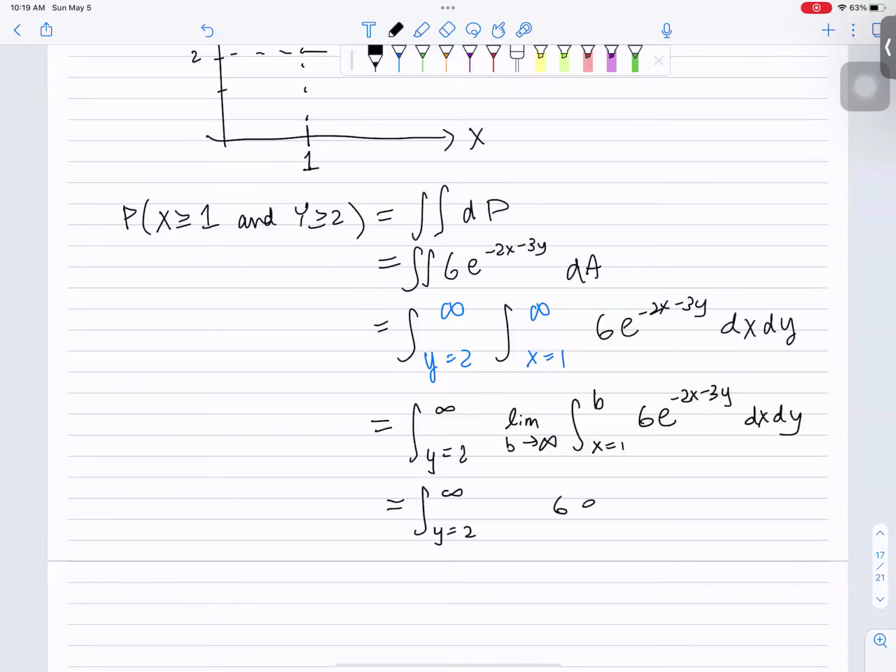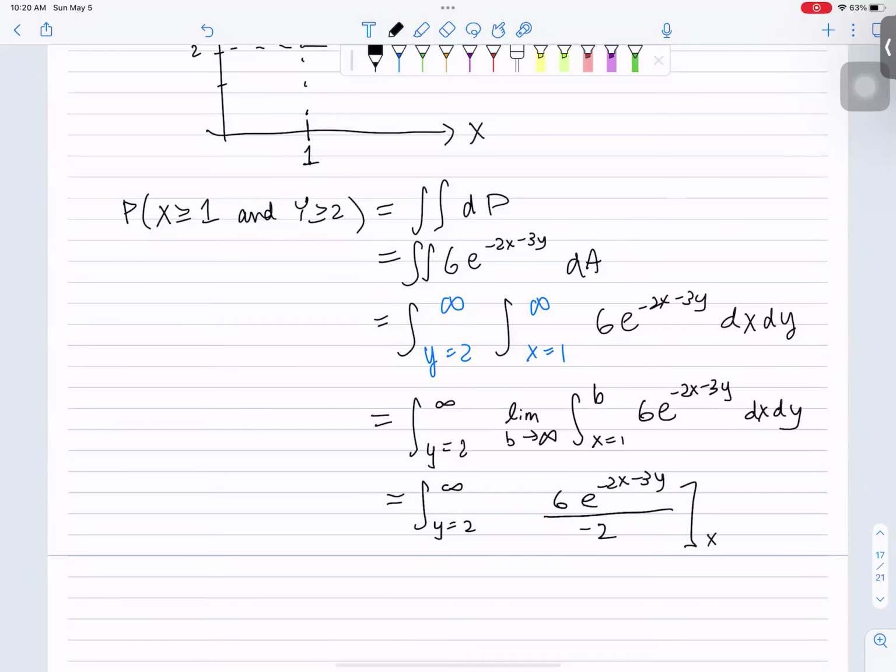This becomes 6e to the negative 2x minus 3y over negative 2, right? Because when I take the derivative of this, a negative 2x comes down and cancels with this negative 2, and I'm left with the original function. Or you could have used substitution. All right, so we have that where x goes from 1 to b, limit as b goes to infinity, dy.